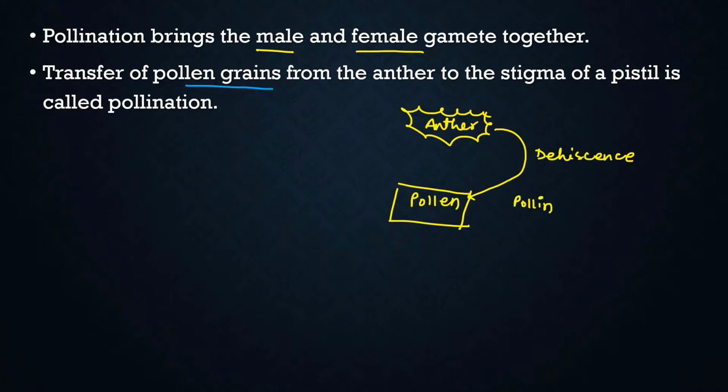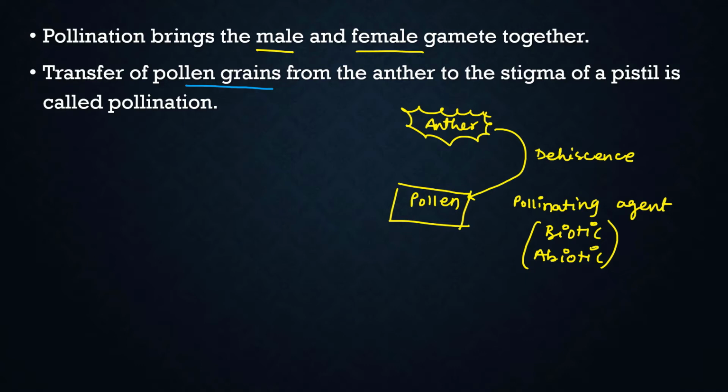Now, pollinating agents can be biotic or abiotic, right? We'll talk about that in a future video, but in simple terms, biotic means living organisms, and abiotic means non-living components, for example the wind and the water, and they act as agents of pollination.